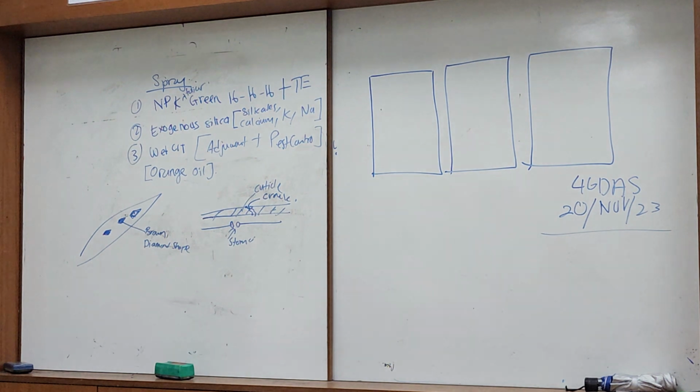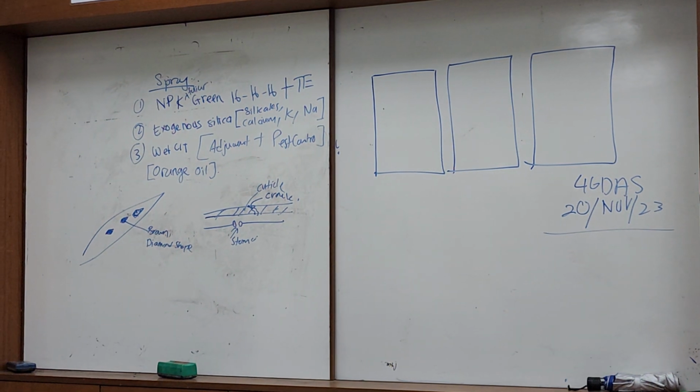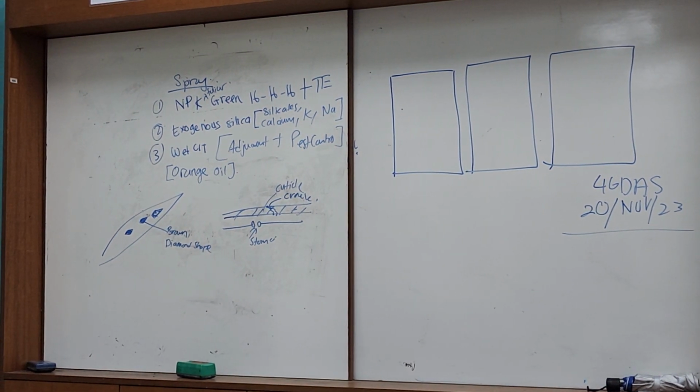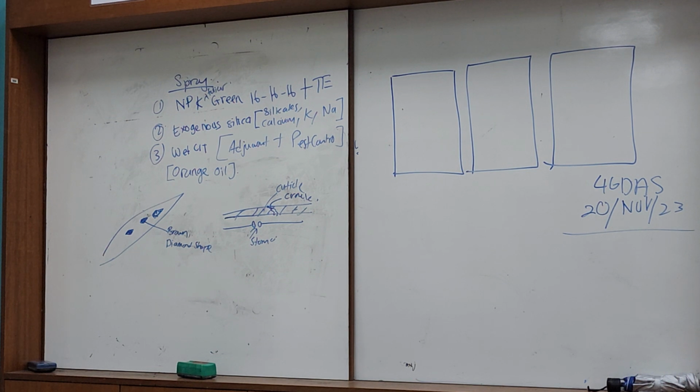Nutrient that is applied using foliar technology can actually be absorbed into the leaf via stomatal opening as well as cuticular crack. In fact, some technology, even without these two routes, if they use a very expensive adjuvant, the nutrient can actually absorb because it's kind of digest the waxy cuticle, right?